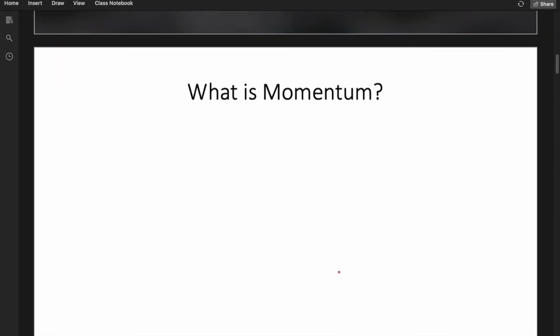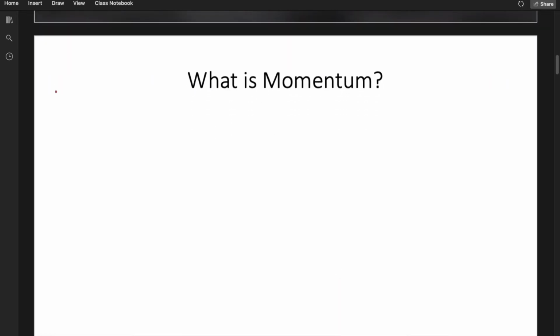Cool. So first of all, let's talk about what momentum is. The most common definition you will see is that momentum is mass in velocity, right? And that's why momentum p is mass times velocity.